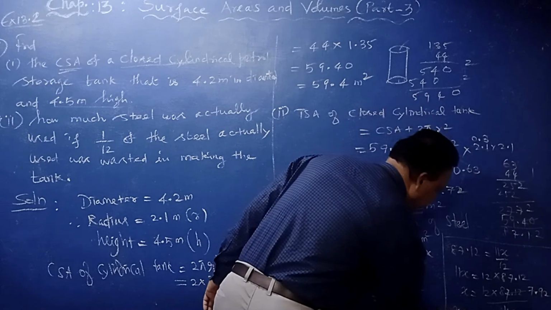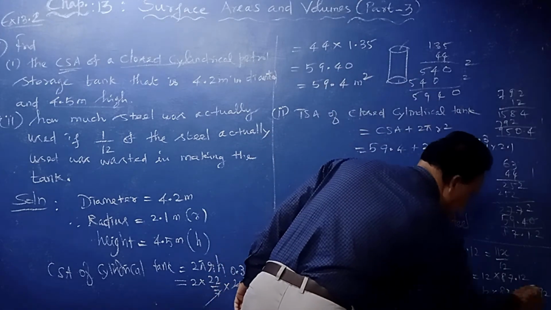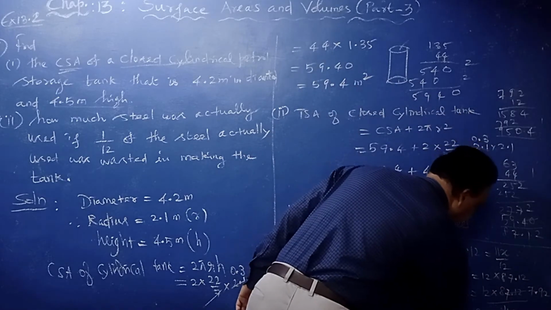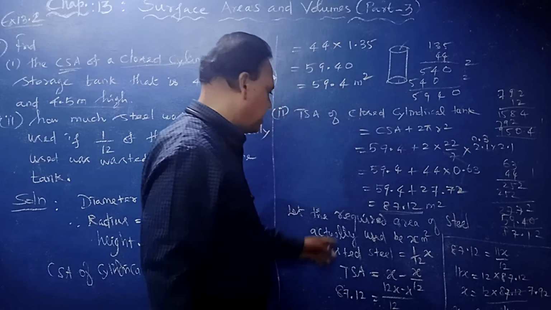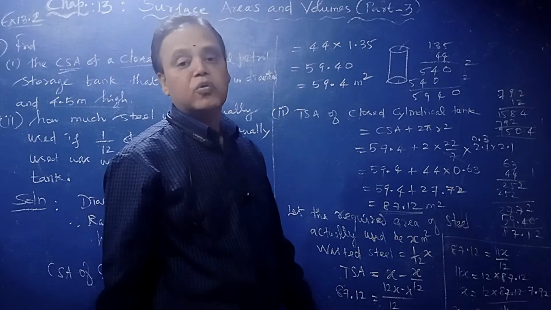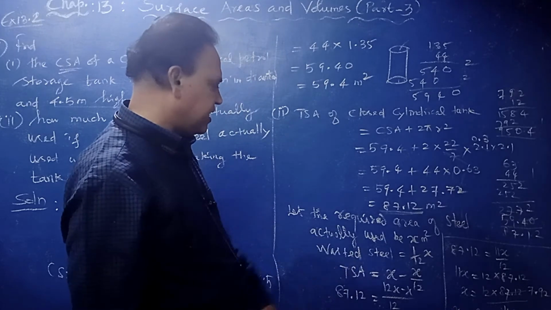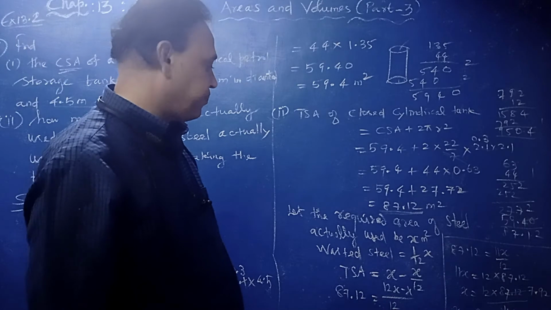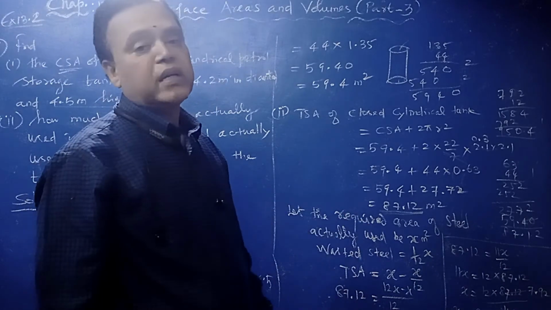Then multiply. Therefore, x is equal to 95.04, after decimal 2 digits. So 95.04 meter square. This is the required area of steel. Write the final answer: the required area of steel actually used is 95.04 meter square.